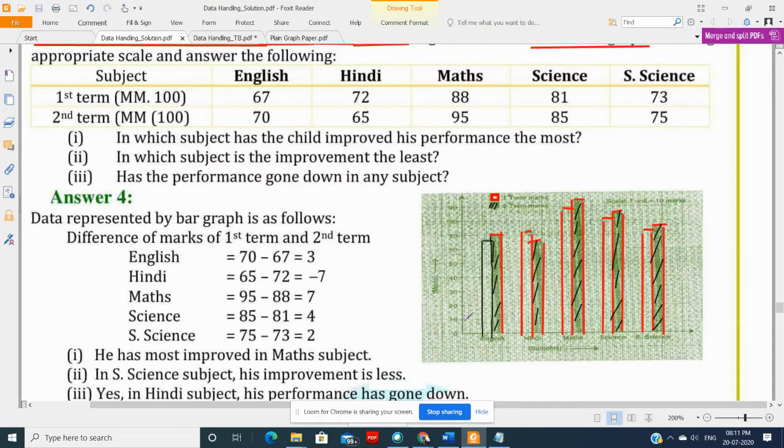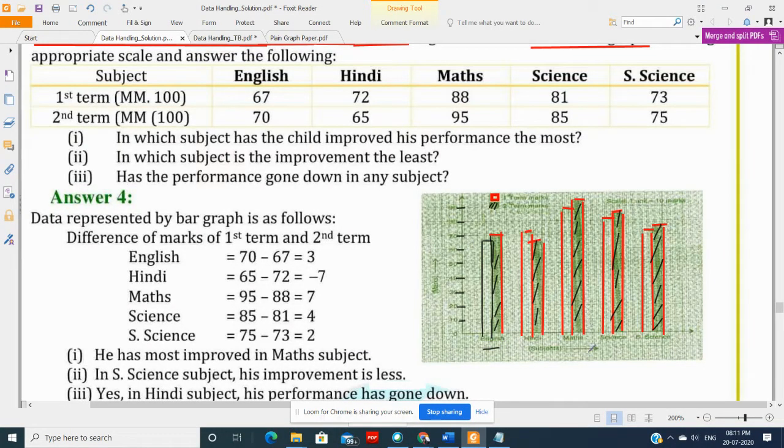So this would be 10, this would be 20, 30, 40, 50, 60, 70, 80, 90. And here, leaving one box, you take two boxes, both of them English.